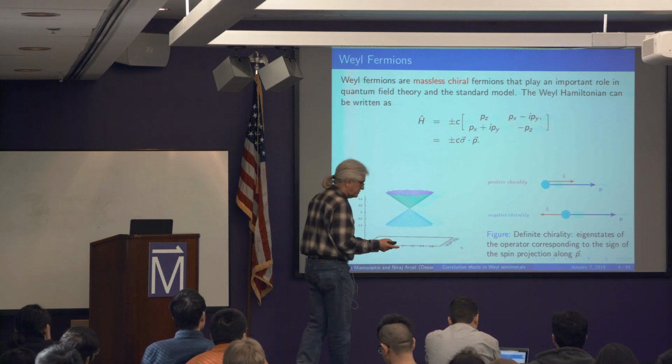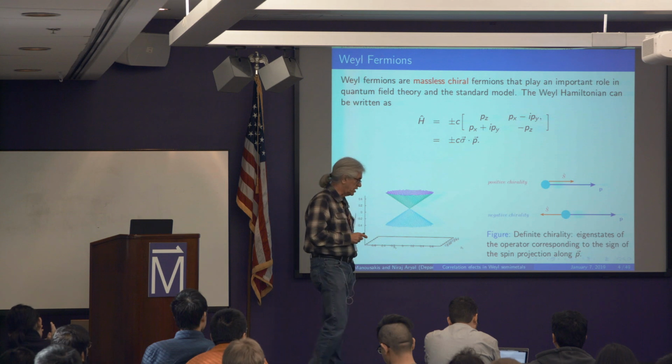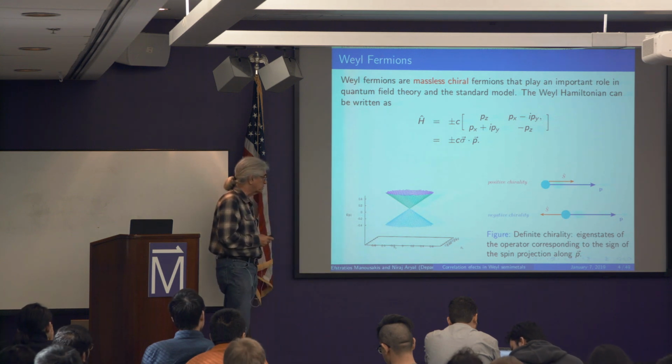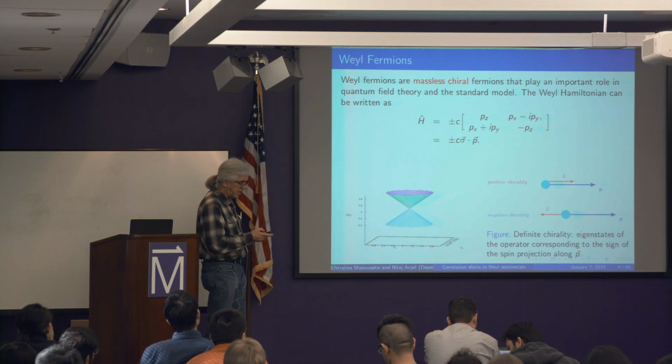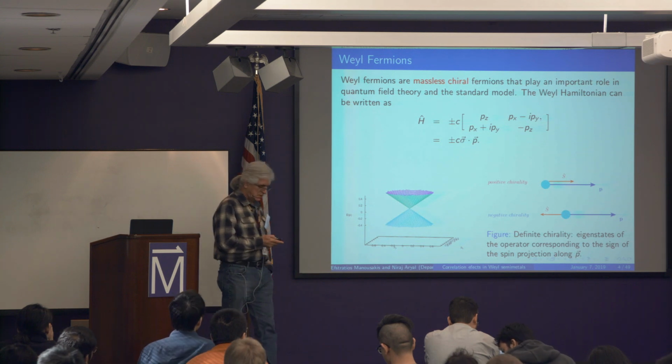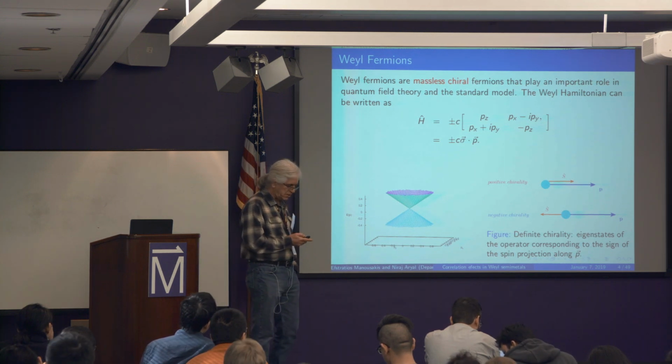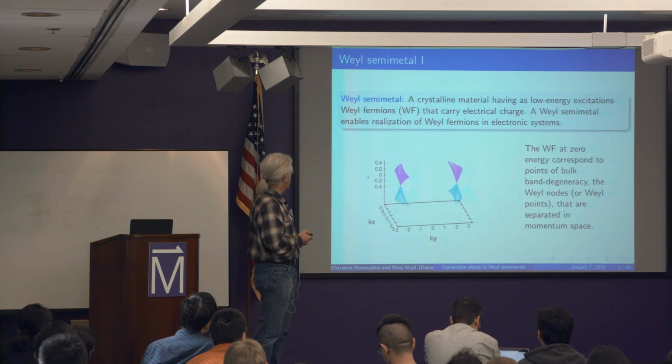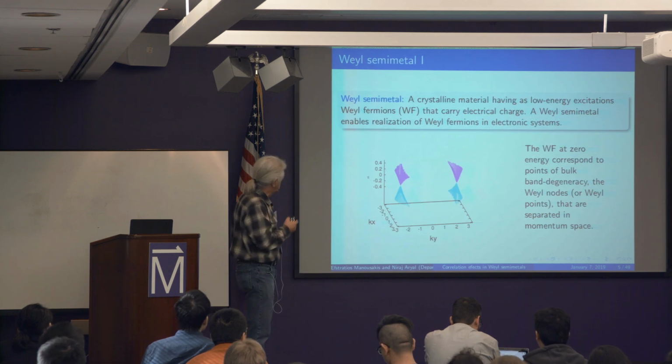That means the projection of spin onto the momentum direction can be either forward or backward, and that gives this chirality notion that comes in with this concept of a Weyl fermion.